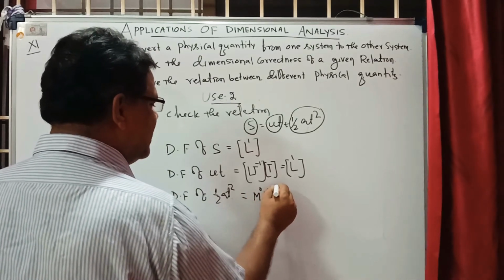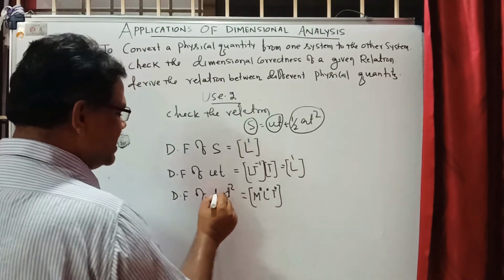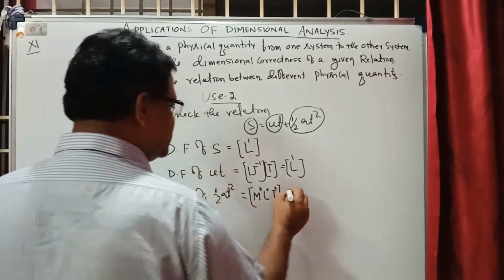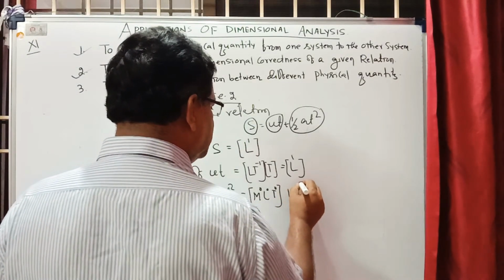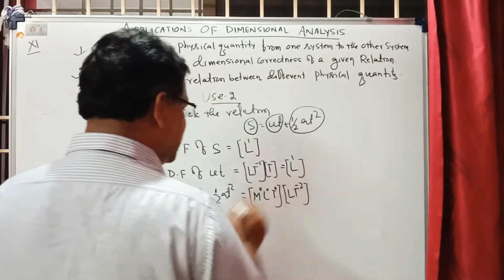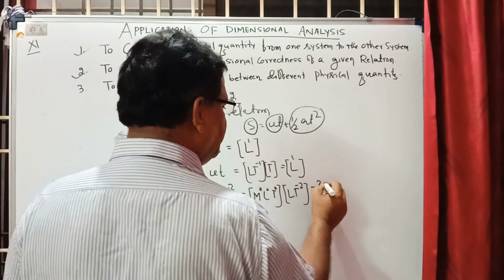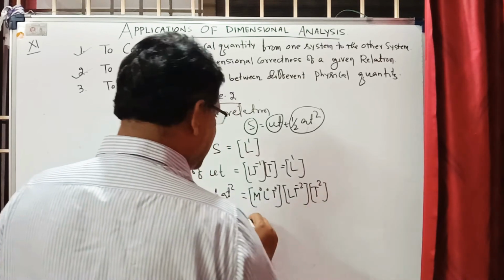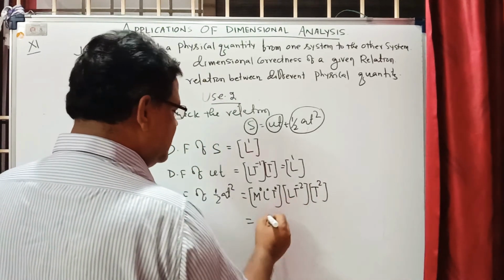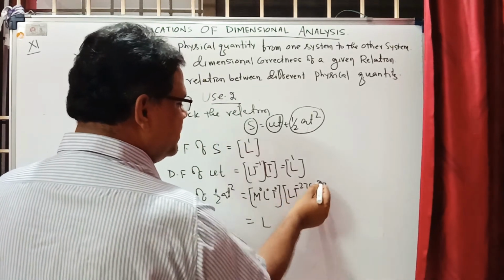Acceleration is LT minus 2 and T square is T2, so adding the powers, T minus 2 plus 2 gives T0.